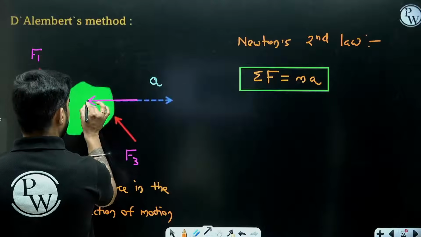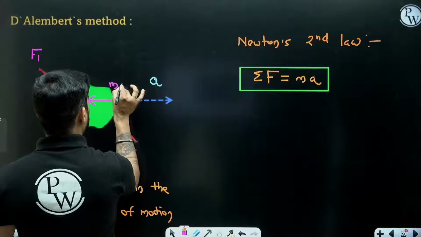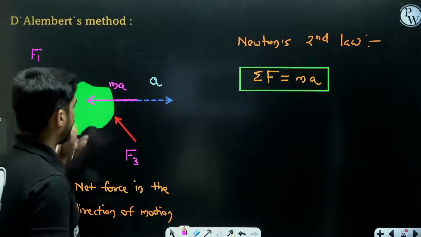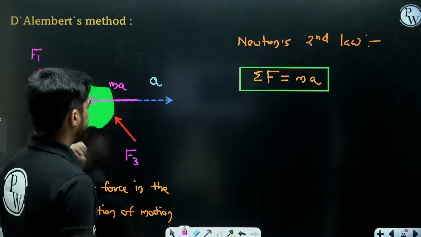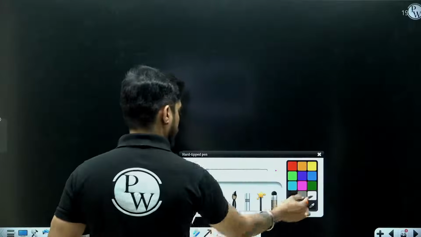This is the dummy force, which can be written as ma. Let me write it on a different page.